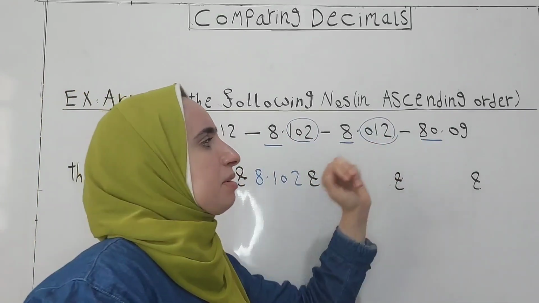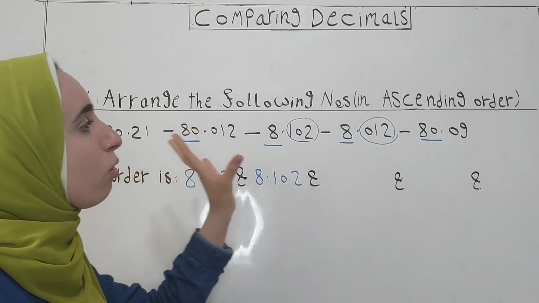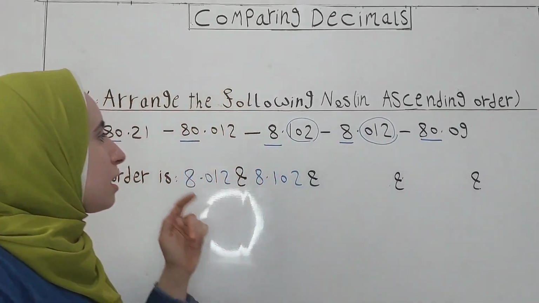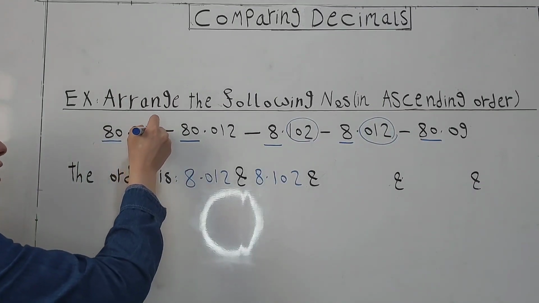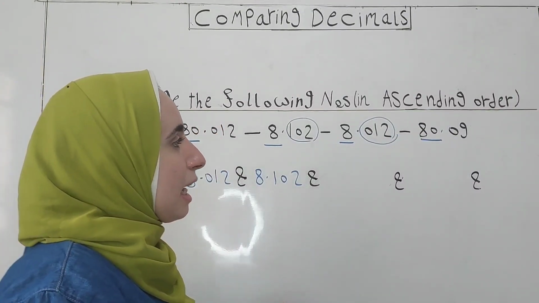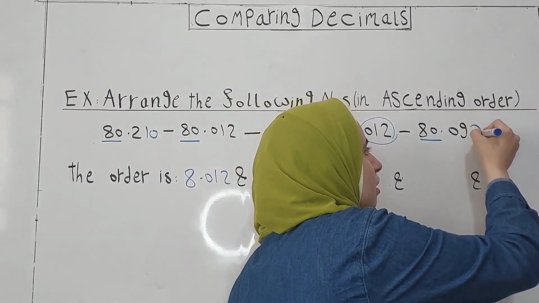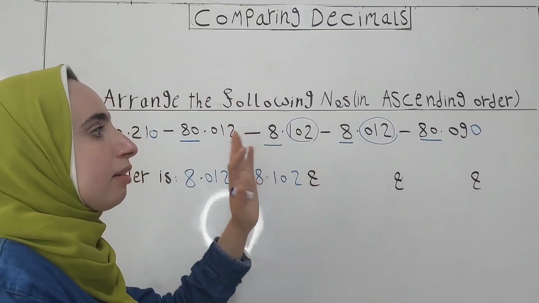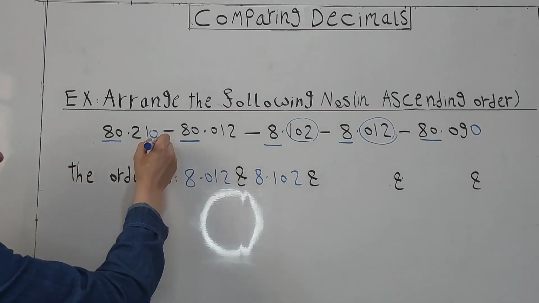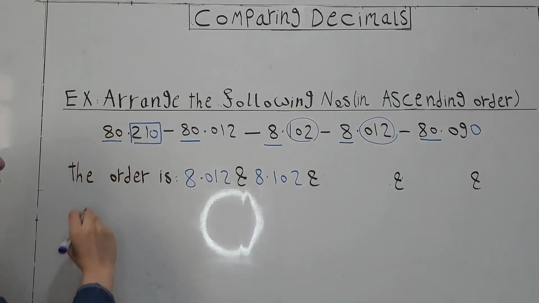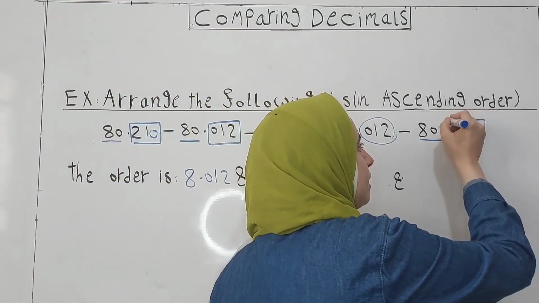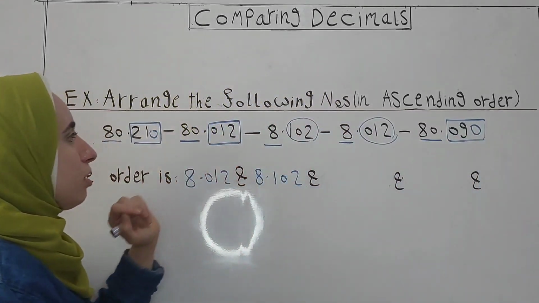Now we have three numbers that have 80 in the whole numbers. So we go to the decimal part. This number has 210, this number has 12, and this number has 90. We hold the thousandth place with 0. Which is the smallest, 210 or 12 or 90? 12 is the smallest.